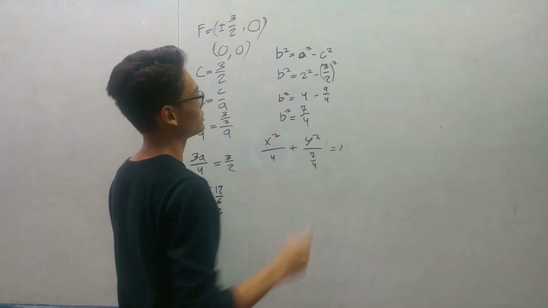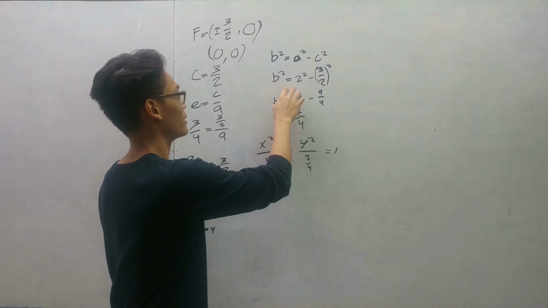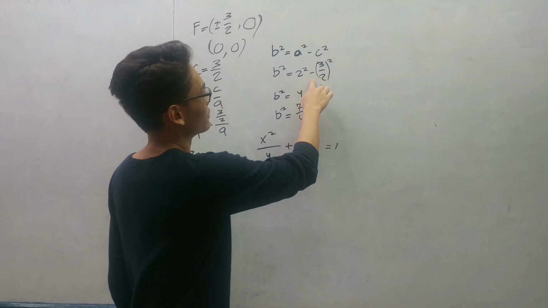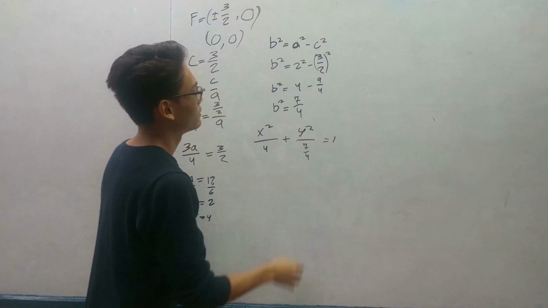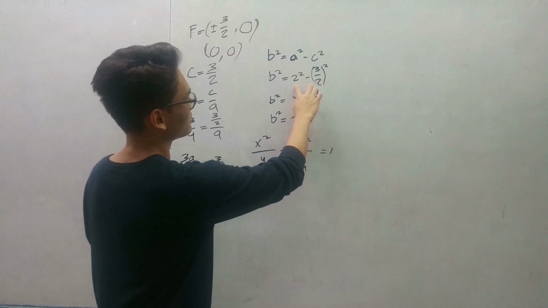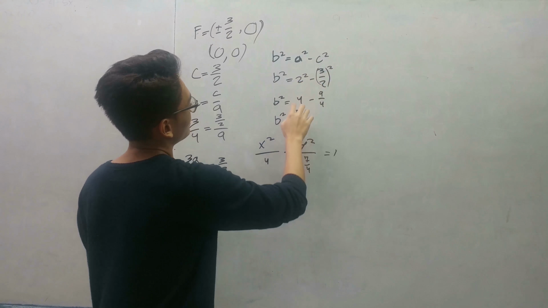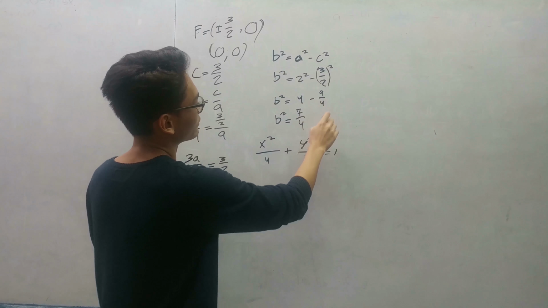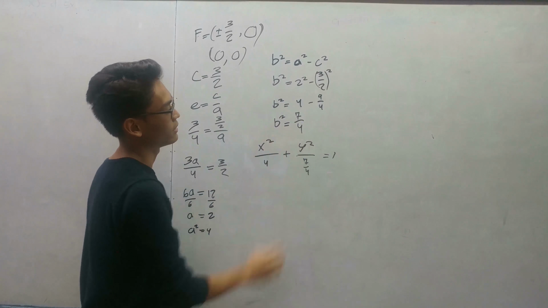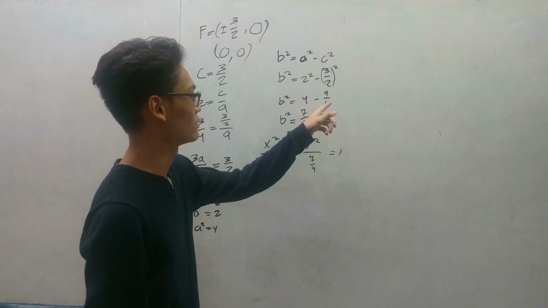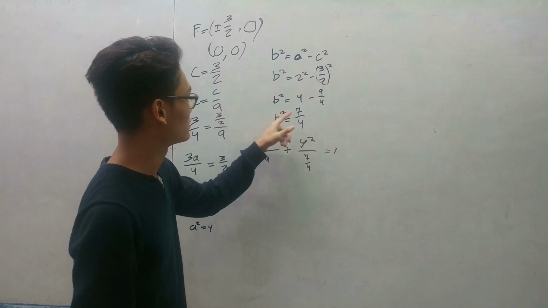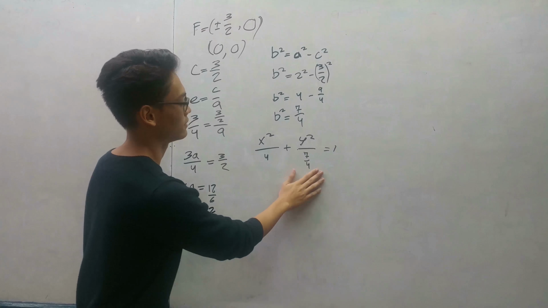And then when we substitute it, it would become b squared is equal to 2 squared minus 3 over 2 squared. When we square these values, it would become 4 minus 9 over 4. So 4 minus 9 over 4 would become 7 over 4, which would give us the second term.